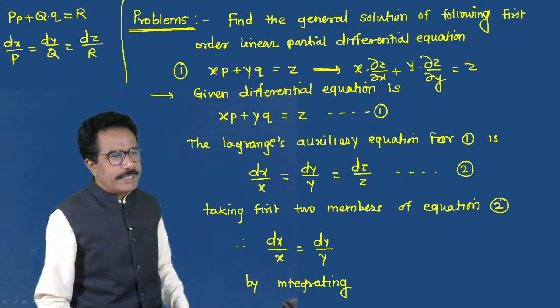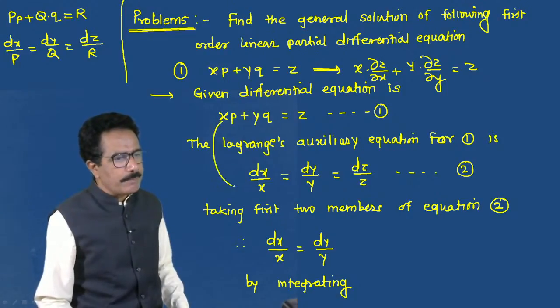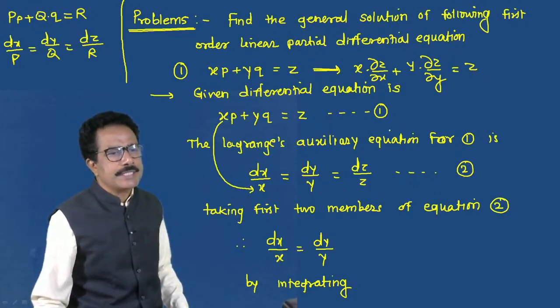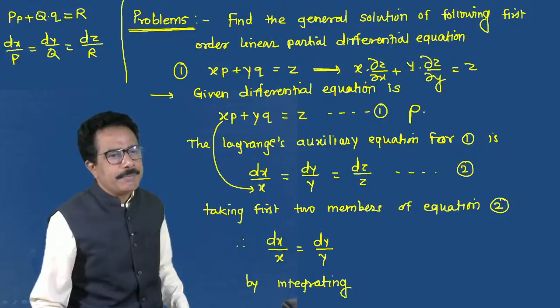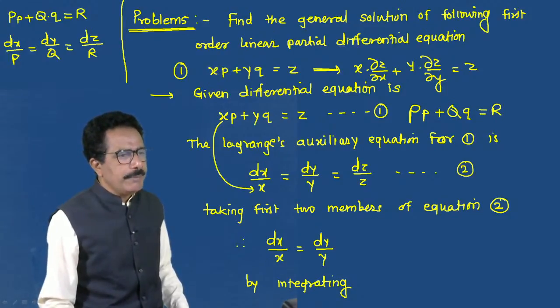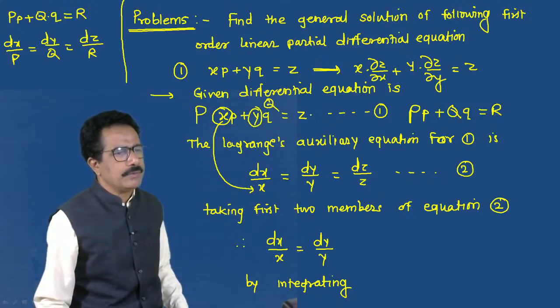So we write dx divided by the coefficient of p, and which is P here, the coefficient of q is Q, and this is R.